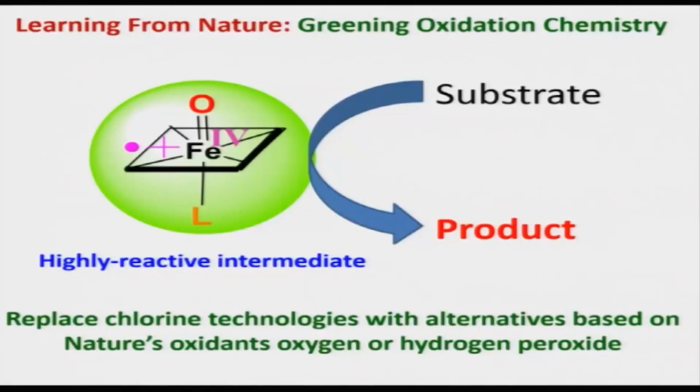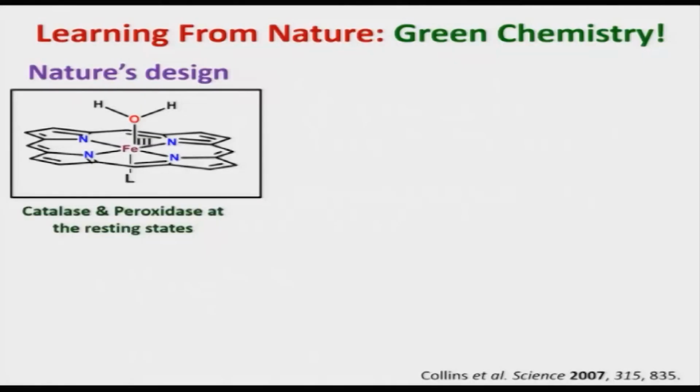The process has immense potential for various practical utilizations in the laboratory and industry, such as cleanup applications for eliminating toxic and polluting substances and undesirable organisms. Now, what do we learn from nature? This is nature's design in catalase and peroxidase at the resting state.